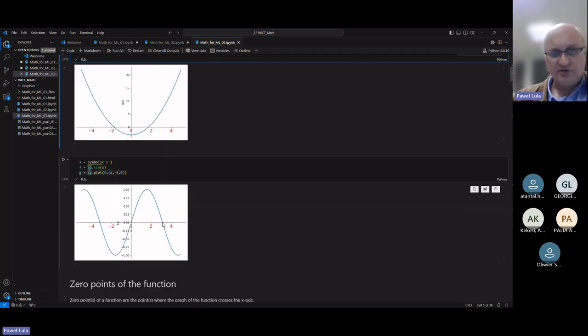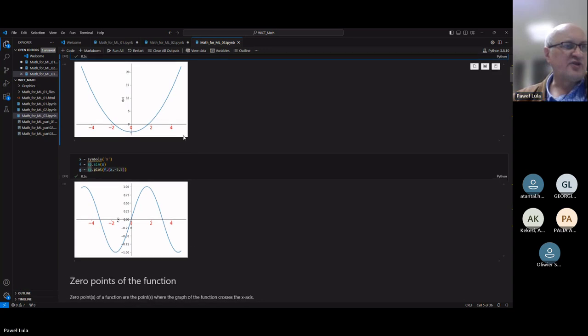Here we have the sine function, also a very well-known function. So I use this function to define the plot. We're talking about functions, and for me, some features of functions are very interesting and useful from the perspective of machine learning.